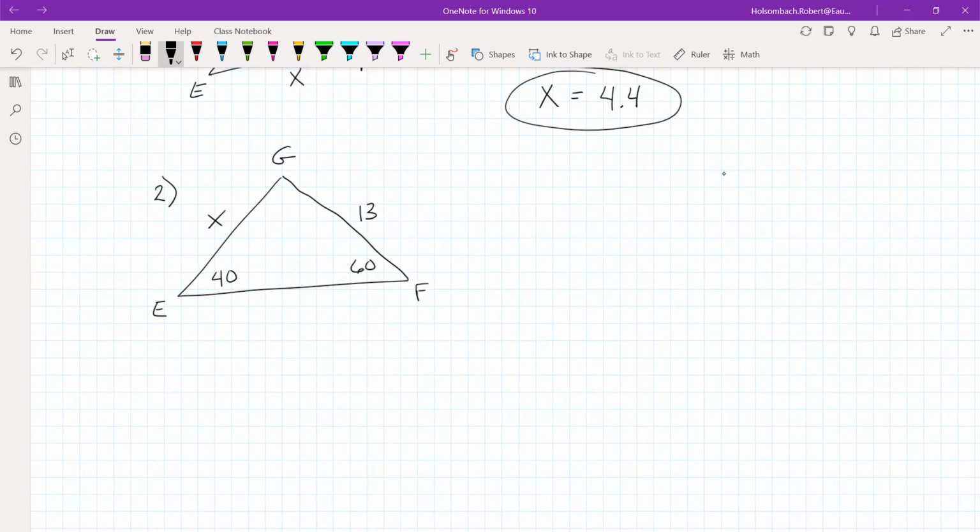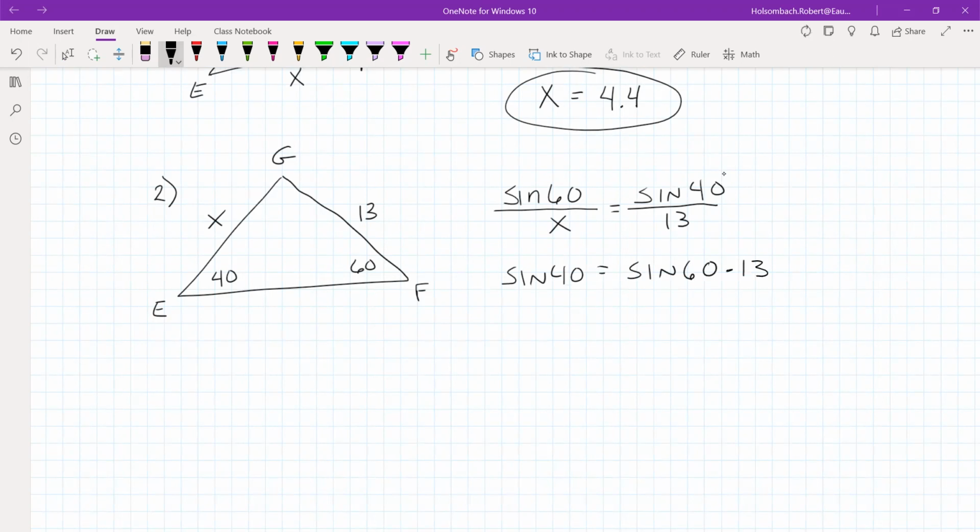Same concept. Sine 60 over X equals sine 40 over 13. Crisscross multiply. Sine 40 X equals sine 60 times 13.